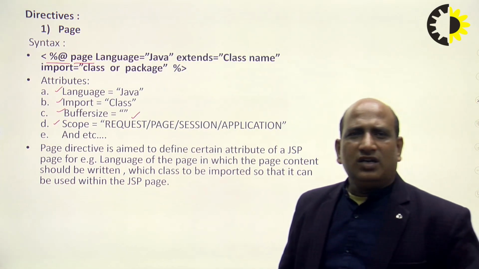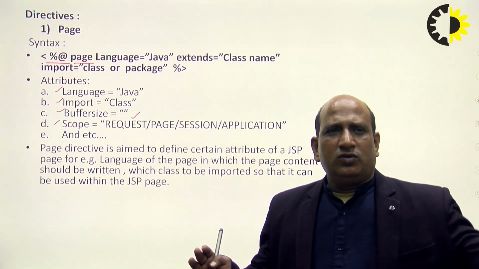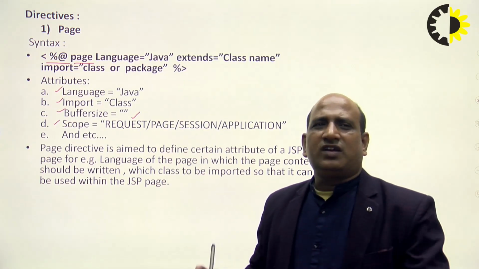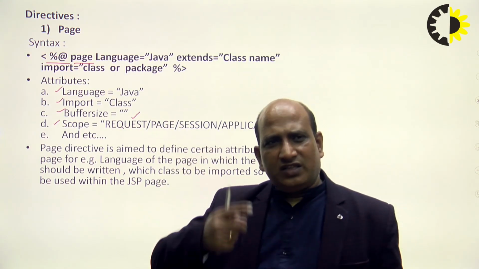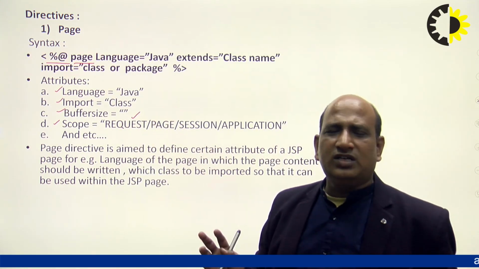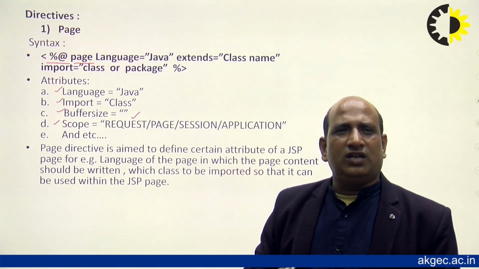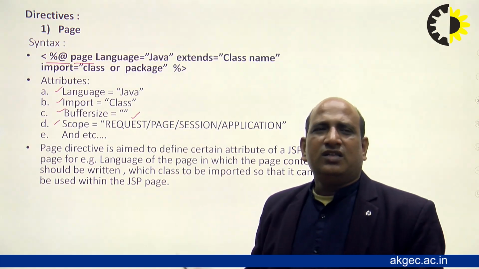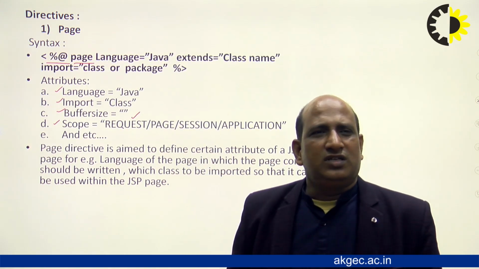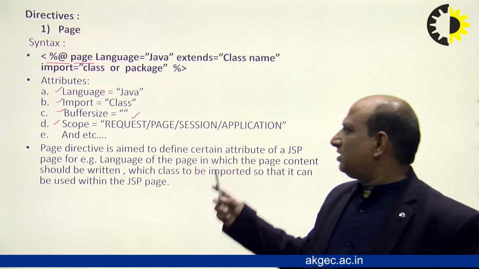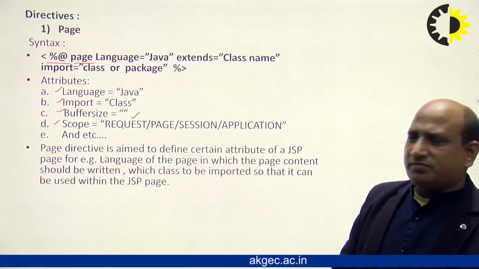So request scope is limited to the request of a client. If the first request is coming and the JSP engine is processing it, things may be accessed for that request only. If a second request arrives, the things of this page may not be accessed for it.